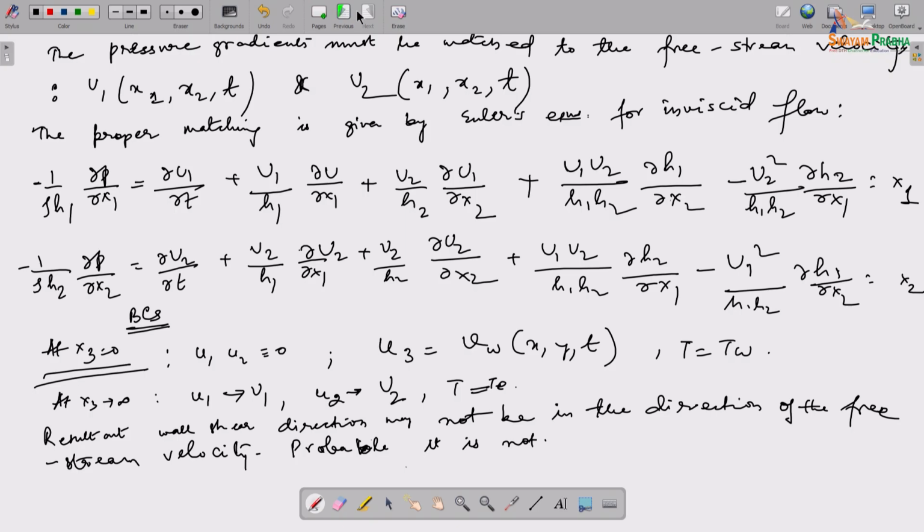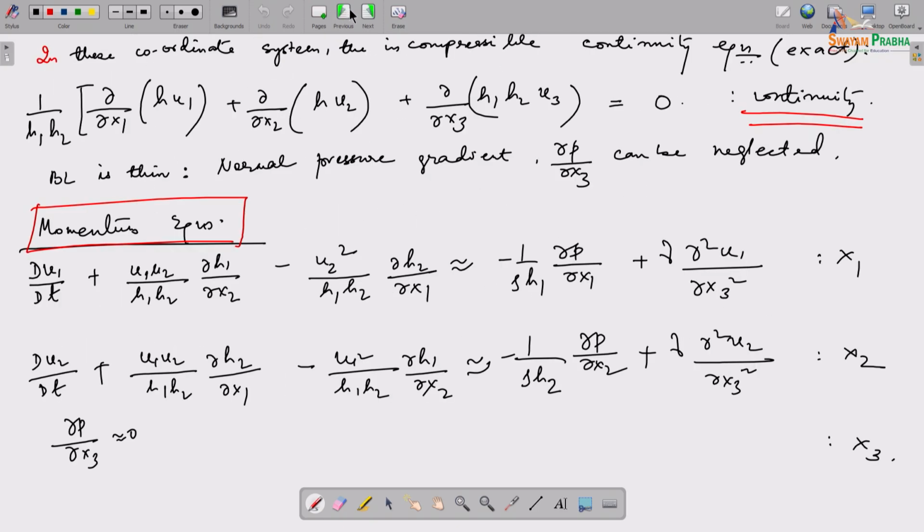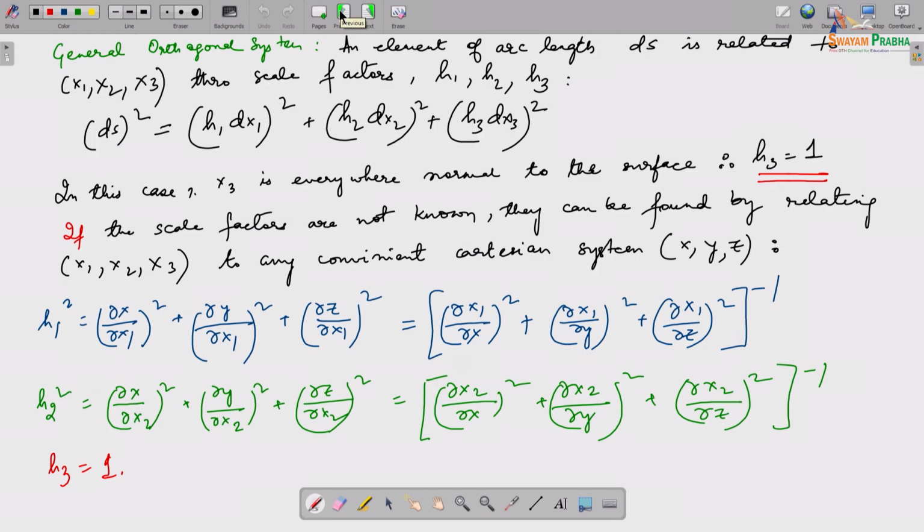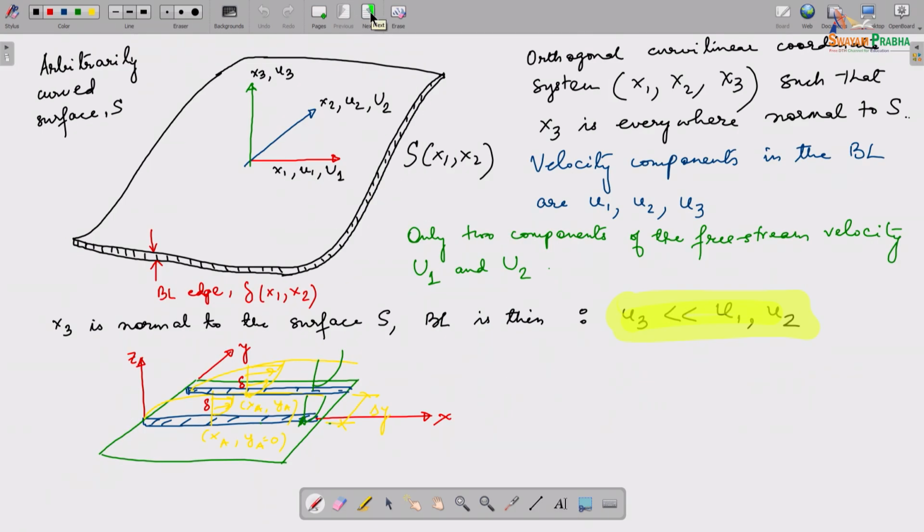So, what we started out doing, this is all about the 3D boundary layer. Okay, so we are talking about the 3D boundary layer.